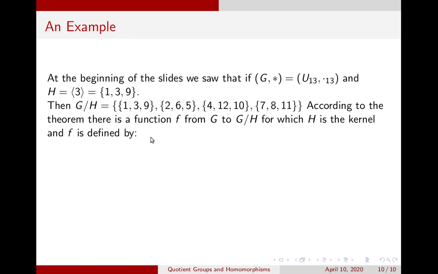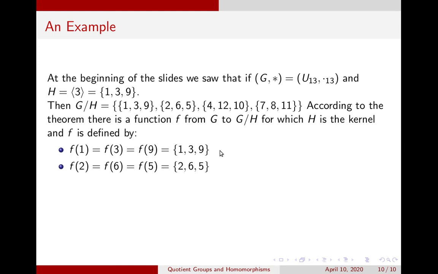And here's how f is defined. F of 1, f of 3, and f of 9 are all equal to the coset {1, 3, 9}. So basically, each element of G is being sent to the coset in which it lies. Similarly, f of 2, f of 6, and f of 5 are all equal to the right coset {2, 6, 5}.